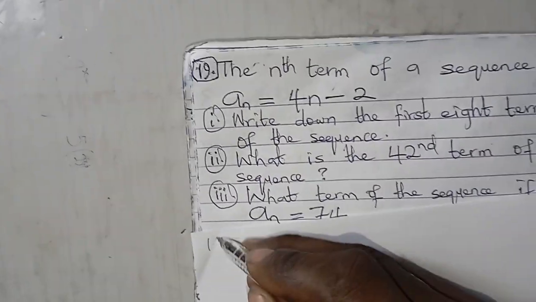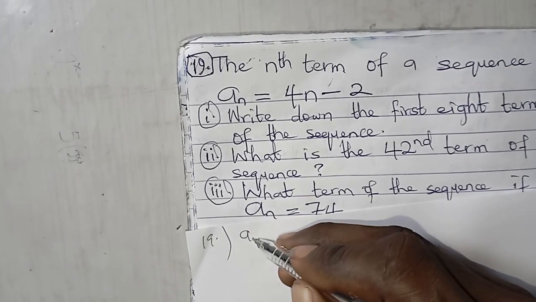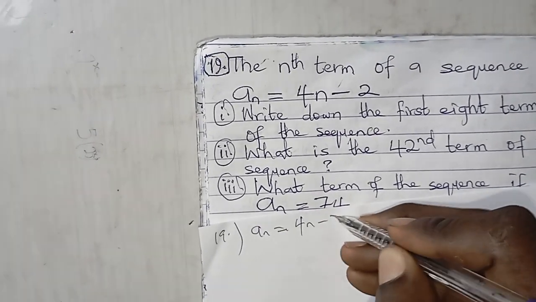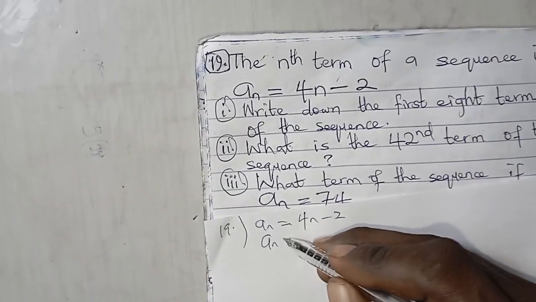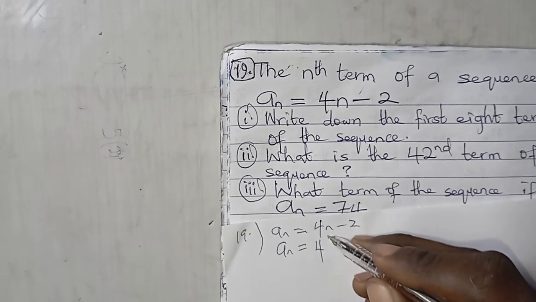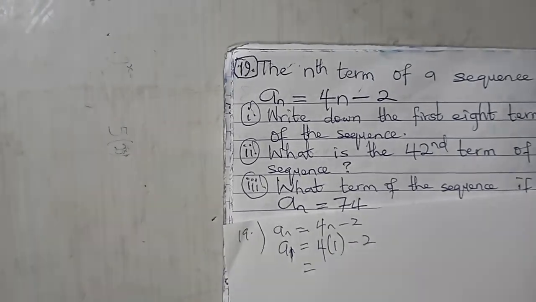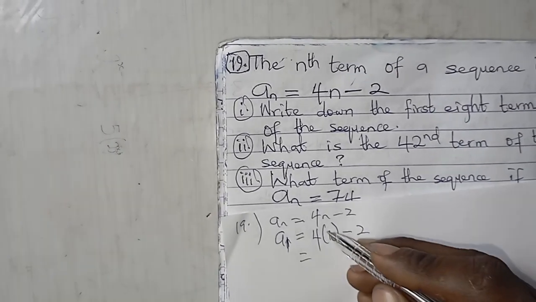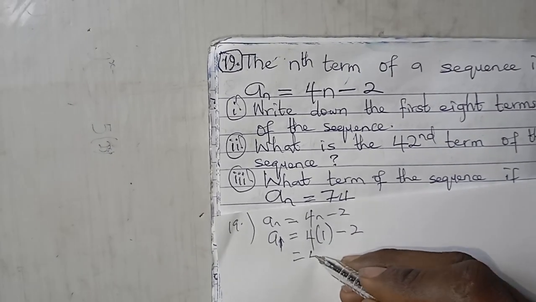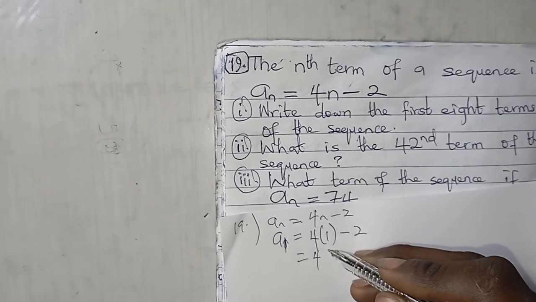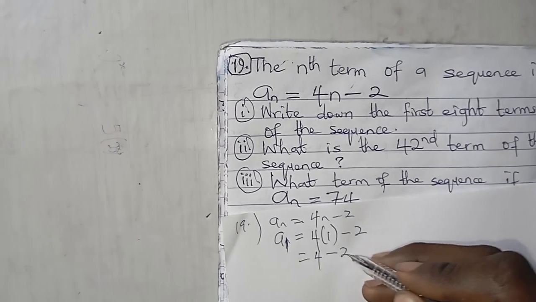So since an is equal to 4n minus 2, all you just need to do is an is equal to 4 times the first term minus 2. So a1, sorry, n becomes 1, so 4 times 1 minus 2.